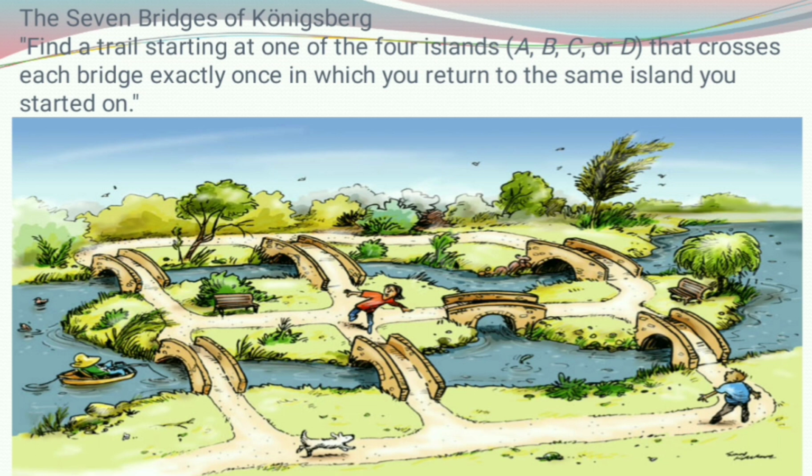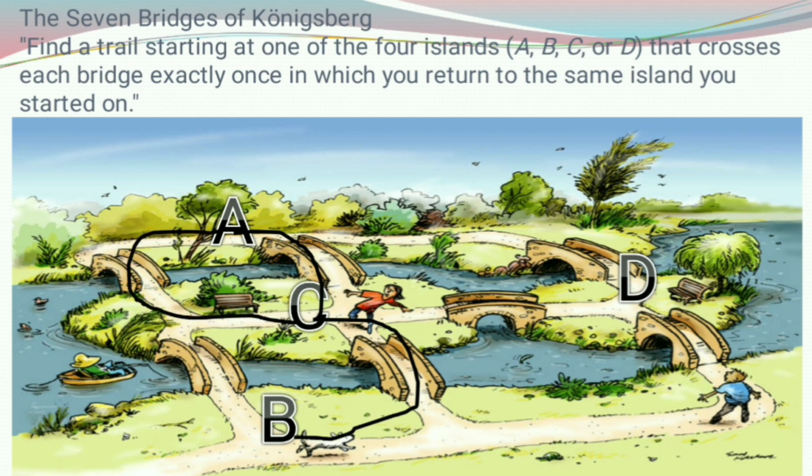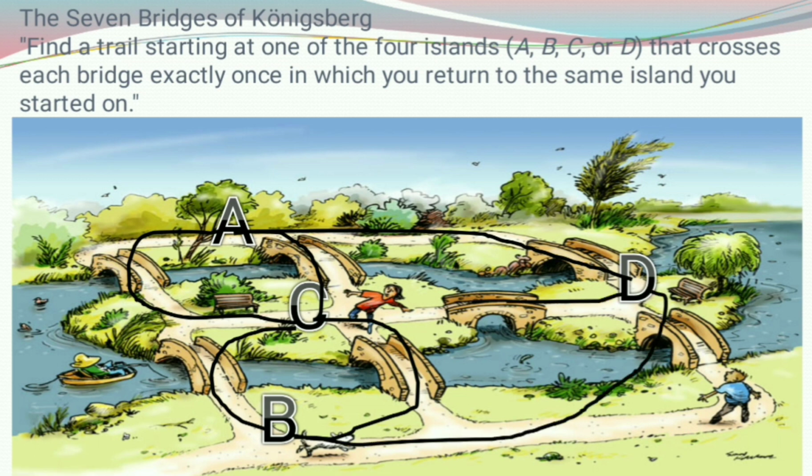Let's come back to our seven bridge problem. Let's name the land masses A, B, C, D. Let's take this as A, this as B, this landmass as C, and this landmass as D. Here you can see A is joined to C with this bridge, C is joined with B with another bridge, then A is joined with C with a second bridge, then C is connected to B with another bridge, then A is connected to D with this bridge, B is connected to D with this bridge, and C is connected to D with this bridge.